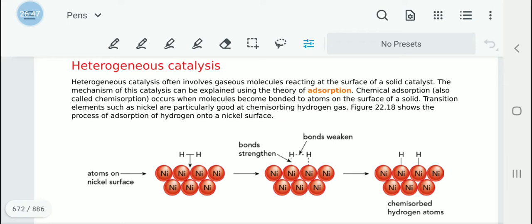Example: hydrogen molecules form weak bonds with atoms on the solid nickel surface. The bond between nickel and individual hydrogen atoms becomes stronger and the hydrogen-hydrogen covalent bond weakens.